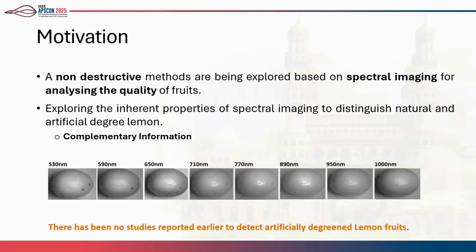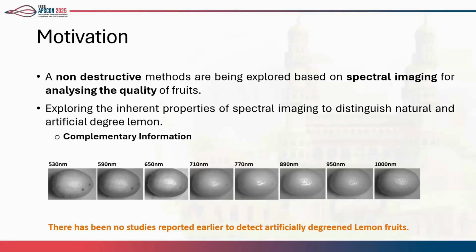Inspired by this, what we intend to do is adopt a non-destructive approach, using spectral imaging to analyze the quality of the fruit. As of now, we did not find any work on detecting the degreening of lemon or any citrus fruits.